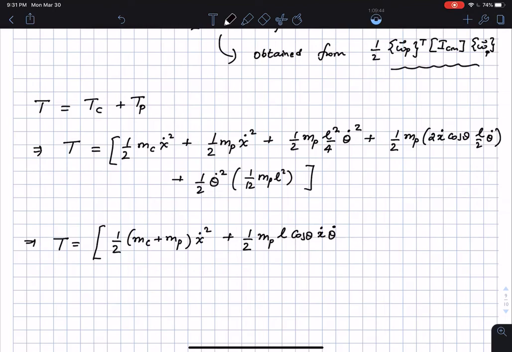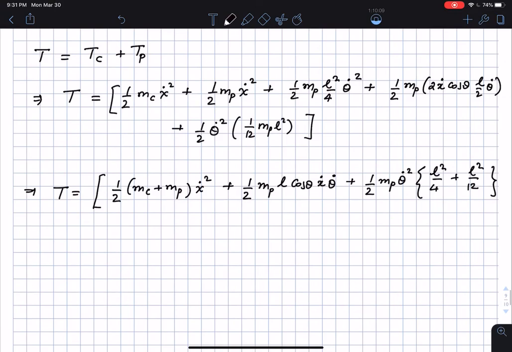That's L square by 4 and L square by 12. So that's going to give me essentially L square by 3. Okay, if I do the addition, so let me do this pretty quickly. So this is half mp theta dot square times L square by 4 plus L square by 12. That gives me L square by 3, but then I have a factor of half, so that's an L square by 6 term that I'll end up getting.